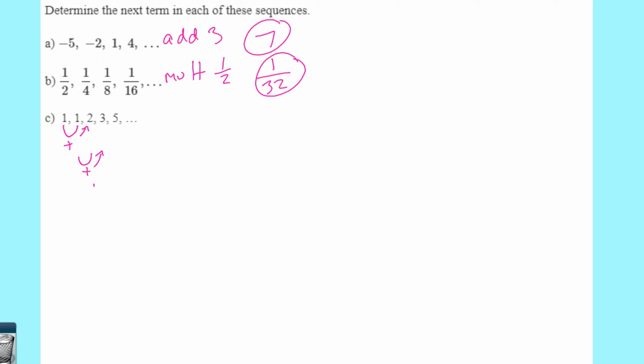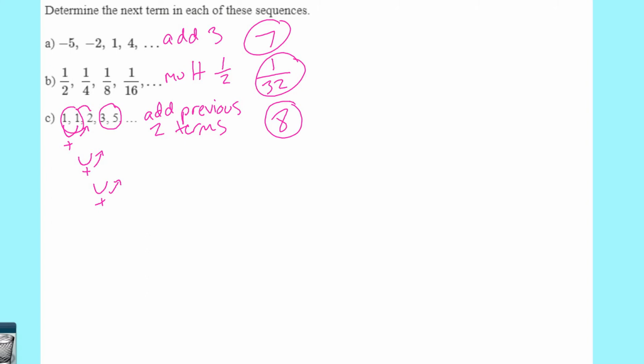Next one, 2 plus 3 is 5. You're taking these and adding to get the next number. So the next number would be 3 plus 5, and we would get 8. So it's adding the previous 2 terms.